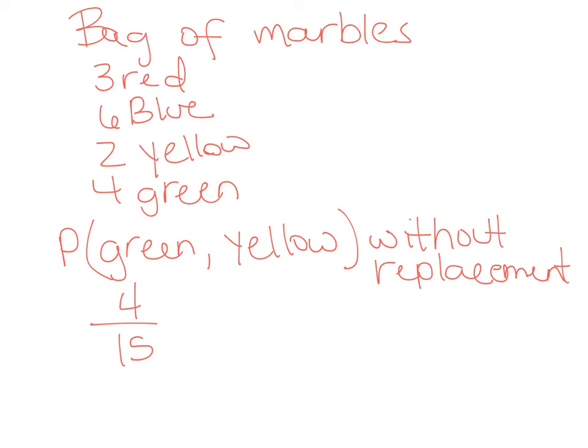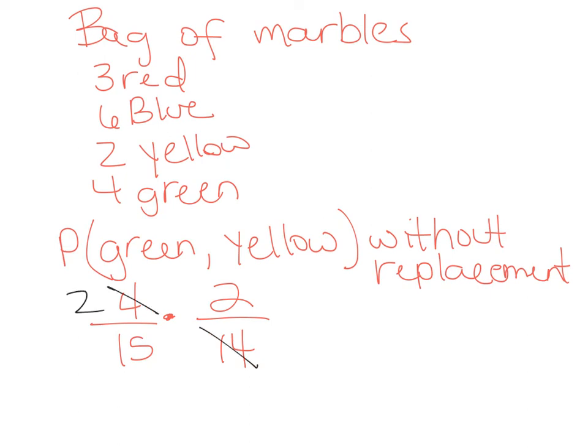So what's the probability of picking out a yellow the second time? Well, we didn't pick out a yellow the first time, so there are still 2 yellows in the bag. But now, because we took out that first marble and kept it out, instead of 15 marbles in the bag, there are 14 marbles. So we have 4/15 times 2/14. Now we're going to do the math and reduce.